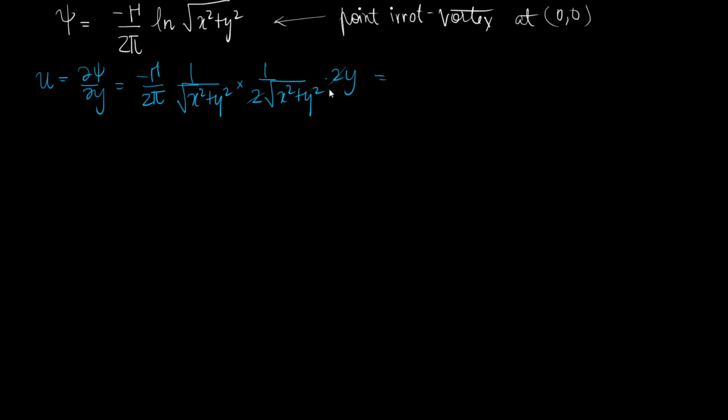So this 2 cancels out. So it's minus gamma upon 2 pi y upon x square plus y square. Similarly, v will be equal to minus del psi del x, and we just follow the same chain of differentiation, and this minus will vanish because of this negative sign. So it will be gamma upon 2 pi x upon x square plus y square.